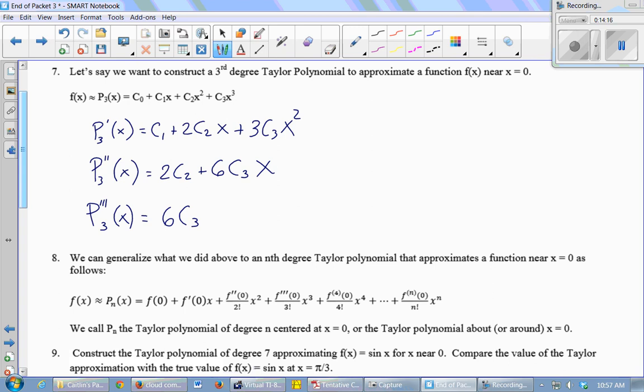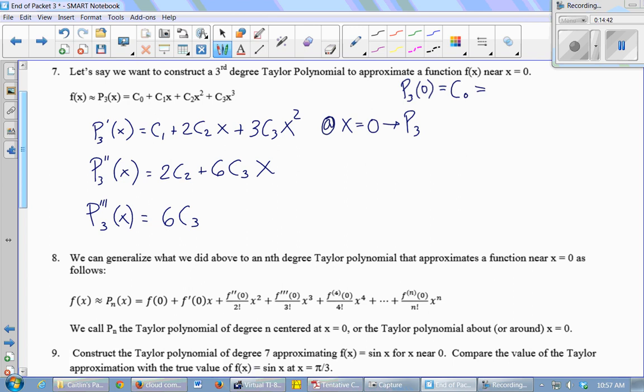All right, then I'm going to evaluate each of these at x equals 0. So I get P3, well, we'll start with P3 of 0. When you plug 0 into the original polynomial, what do you get? C0, yeah. So the x's all drop out because they're zeros now, and you just get C0.